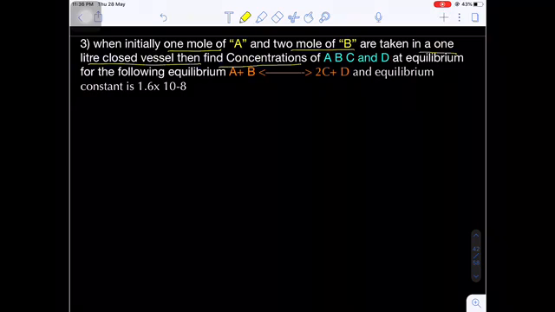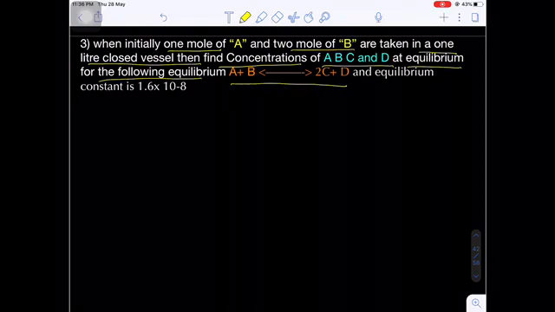Find the concentrations of A, B, C, D at equilibrium for the following reaction, A plus B in equilibrium with C plus D, and the equilibrium constant value given to you is 1.6 into 10 raised to minus 8. That means the equilibrium constant value is very small, so the reaction proceeds very hardly.